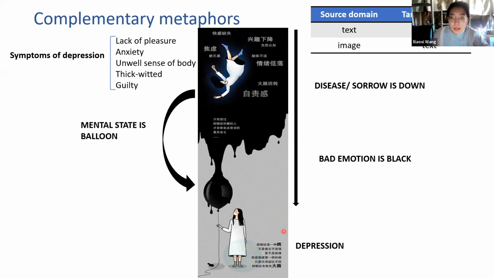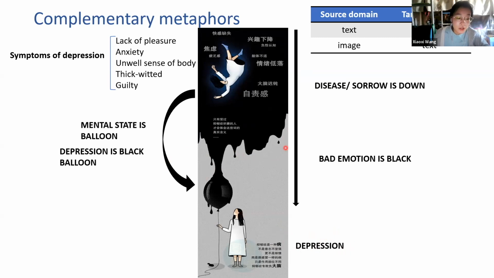And down below here, the Chinese character says that depression is a kind of disease. So the textual domain, the source or target domain, comes out here: depression. And the whole metaphor depicted in this webtoon is that depression is a black balloon.